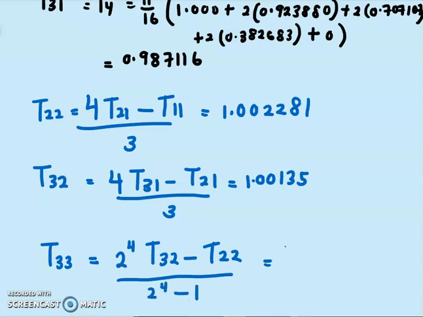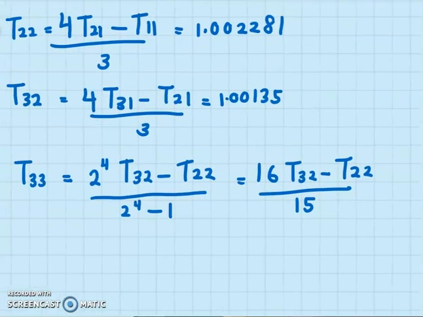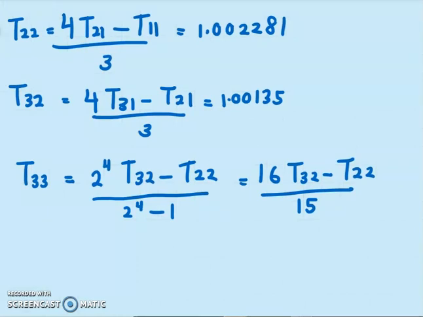So I have 16 T32 minus T22 divided by 15. You have obtained T32 and T22, so multiply 16 times this minus this divided by 15. That will give you the best approximation, 0.999992.